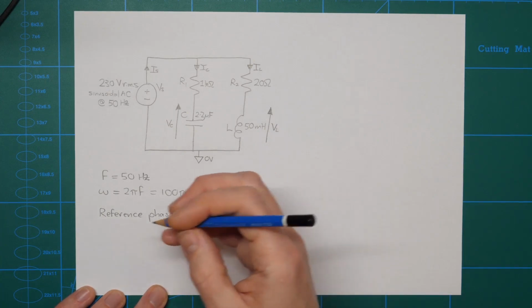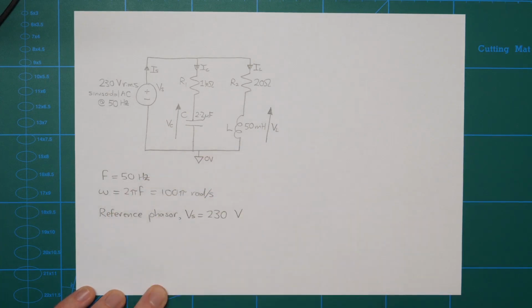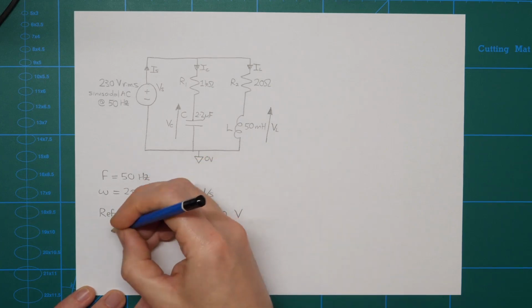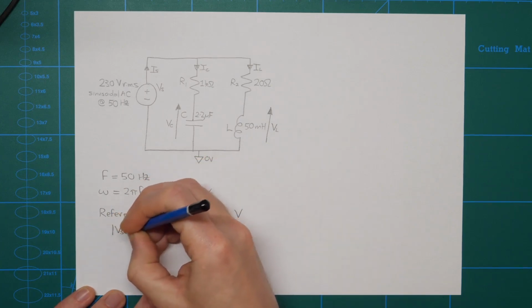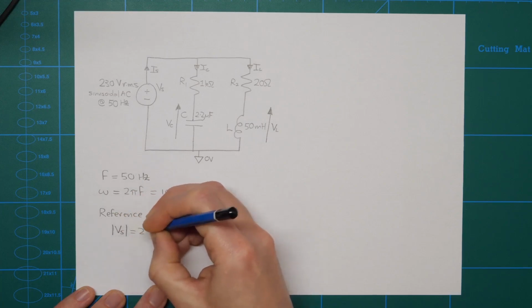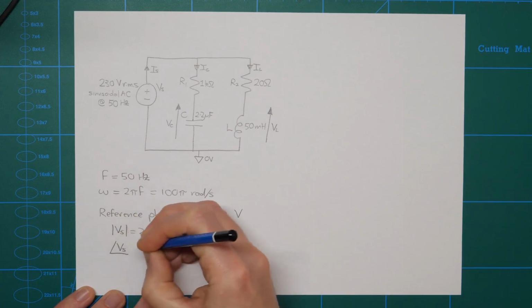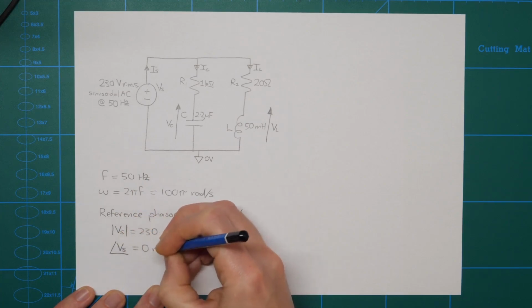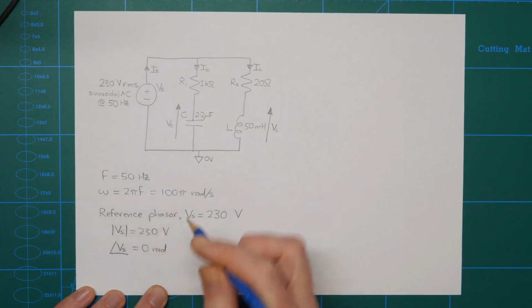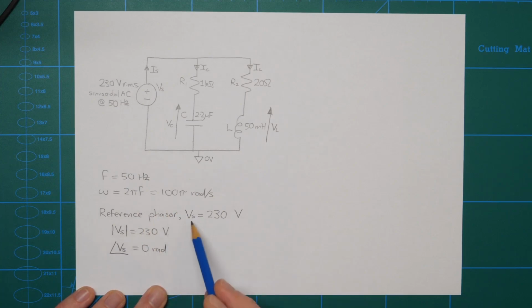Now, what can we say about that? Just as a note about what we mean by a reference phasor, the magnitude of the reference phasor is just equal to its actual value here, because the angle of the reference phasor is just 0 radians. So it's best to think of the reference phasor as a complex number, even though, because we are assigning it an angle of 0, it actually is purely real.